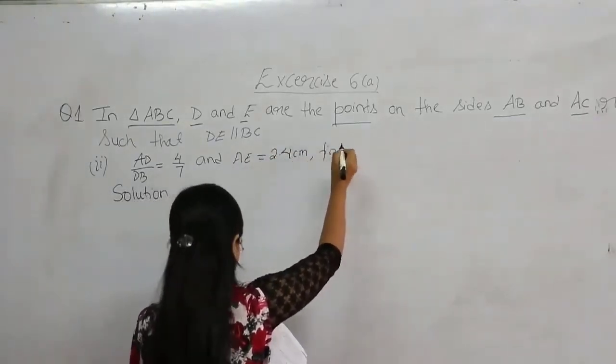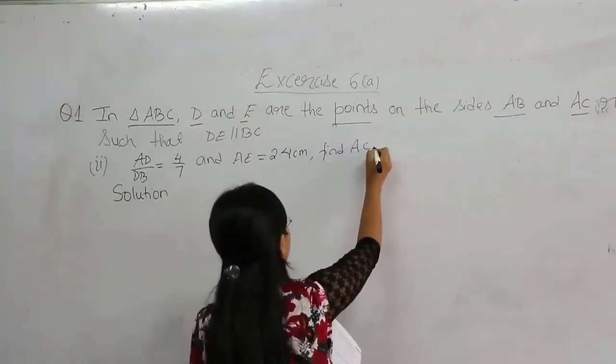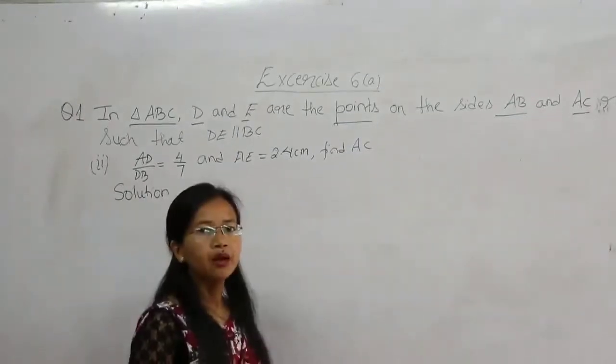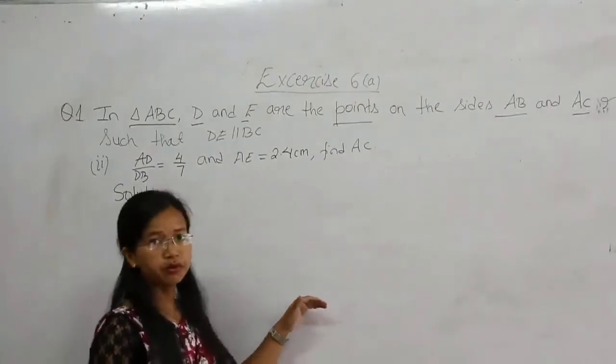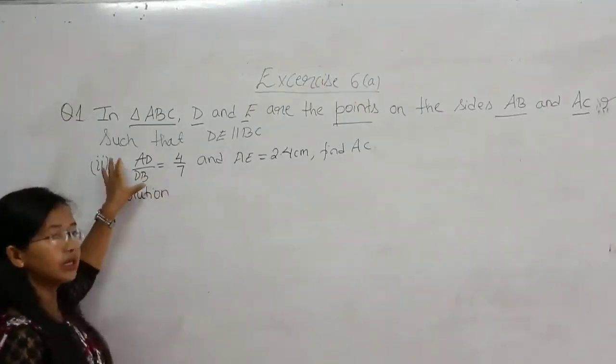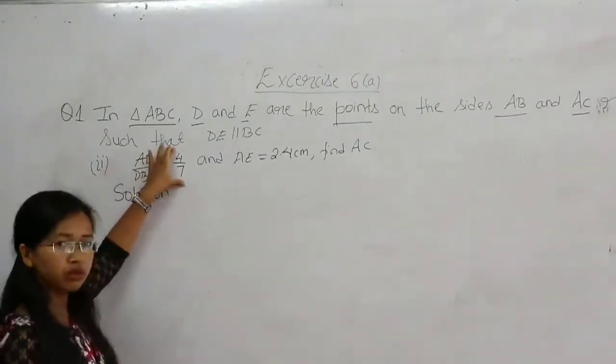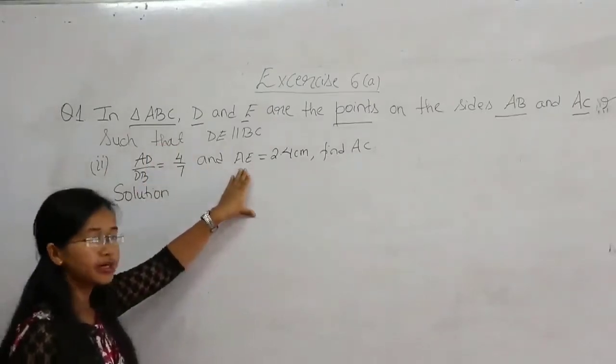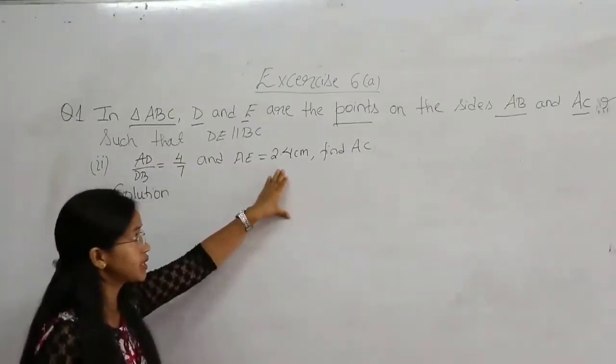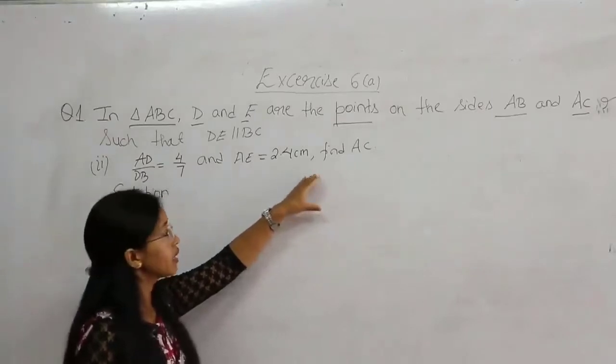We have to find AC. Right, now let us do another problem. Here we are given AD by dB is equal to 4 by 7. AE is equal to 2.4 centimeter. We have to find AC, right?